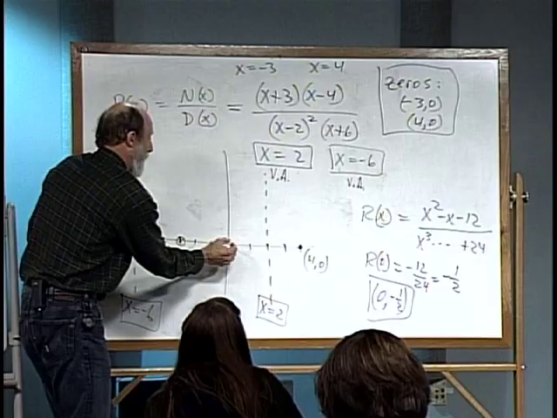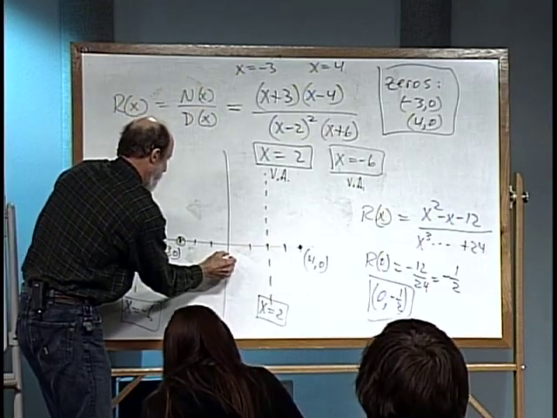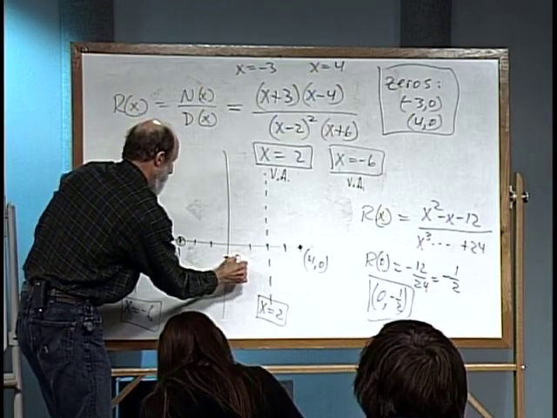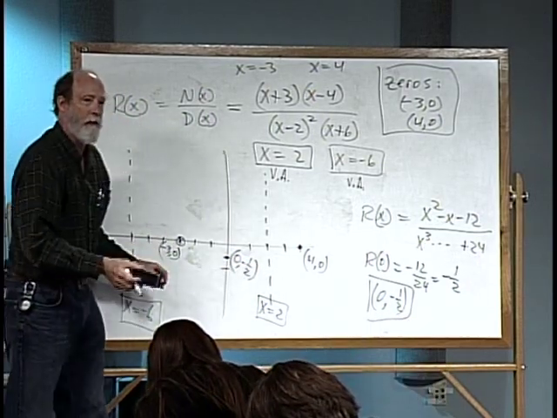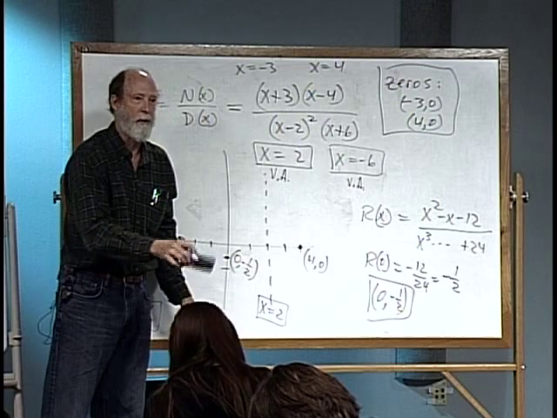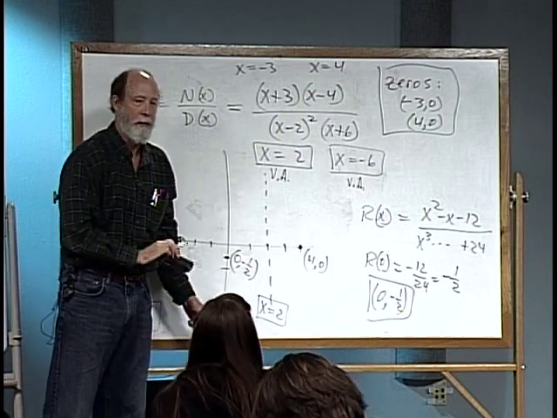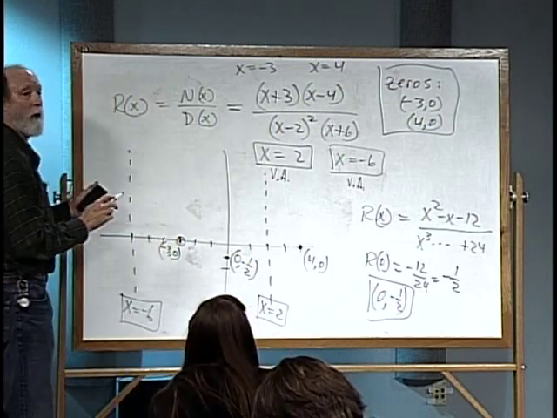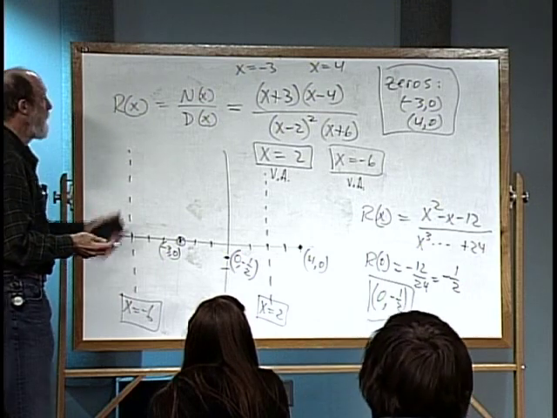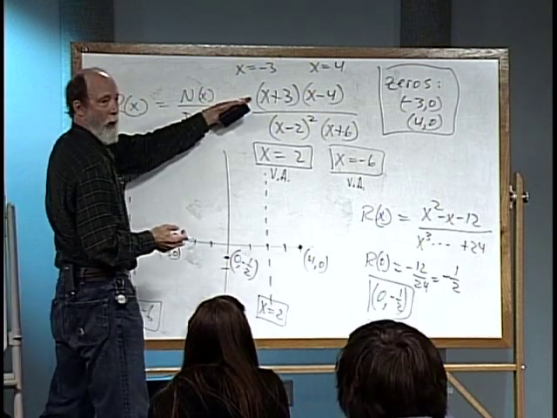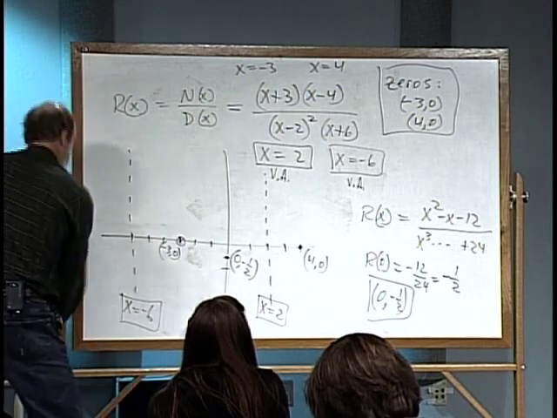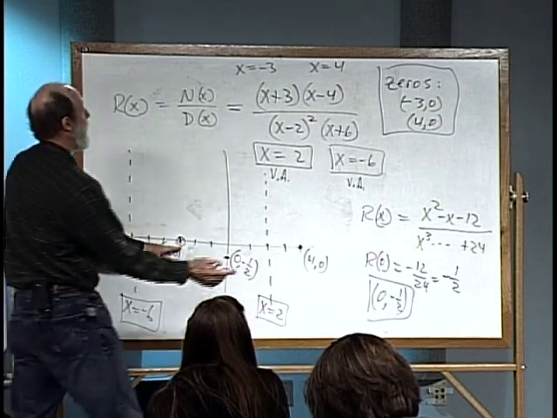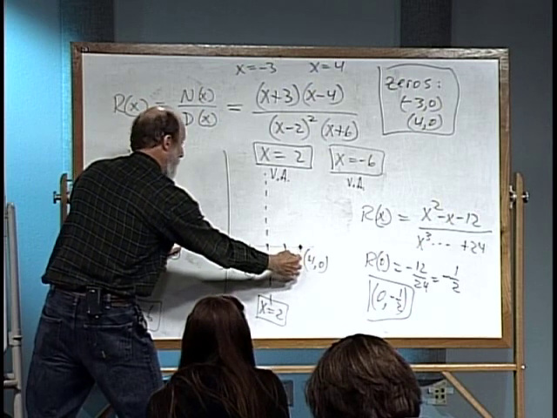So 0, minus 1/2 is a y-intercept, folks, right here. Okay, now I'm going to go fast on this. Next class session, I'll come back and go a little slower. I want to draw a picture of the numerator. The numerator is a parabola, right? With zeros here and over here, right?